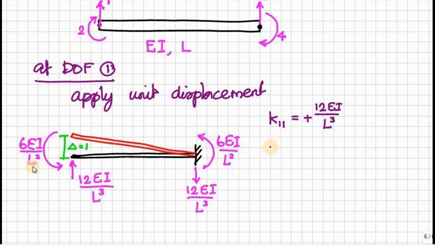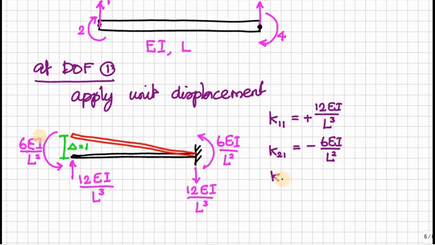Therefore, this force is in the negative sense compared with the direction of the degree of freedom. So this is minus 6EI by L squared, and this force represents K21, because the first subscript indicates the degree of freedom where the force is measured, and the second indicates where we apply the unit displacement. Therefore, K21 is minus 6EI by L squared. This K21 is also equal to K12 because of the symmetric property.